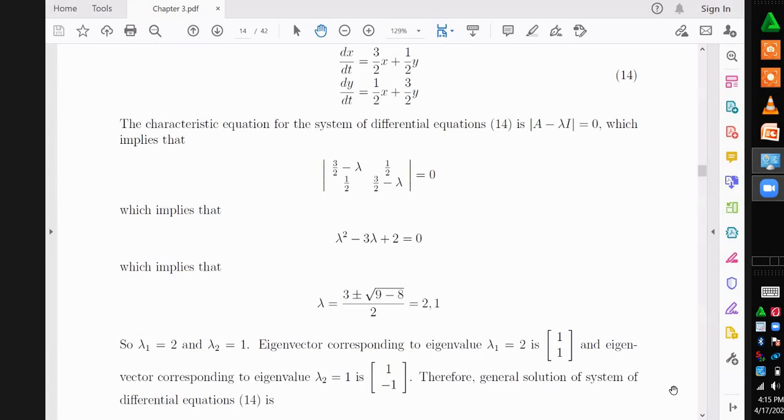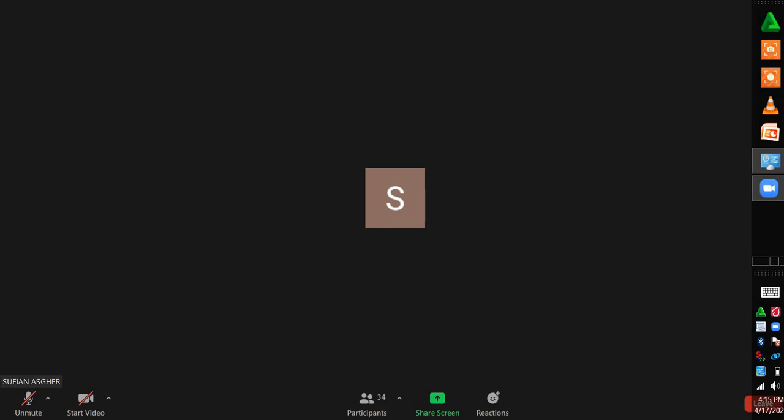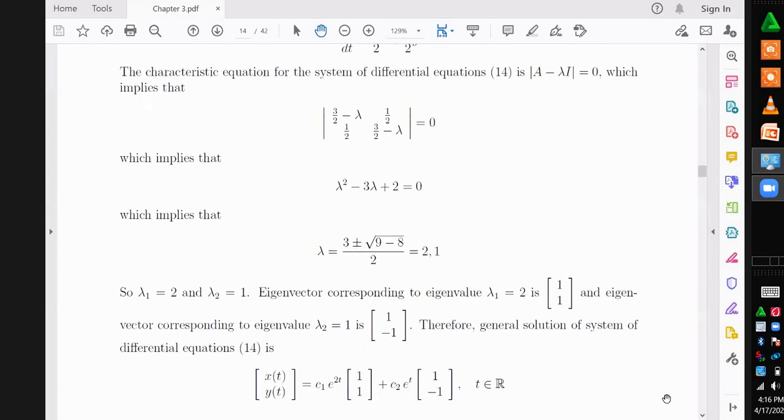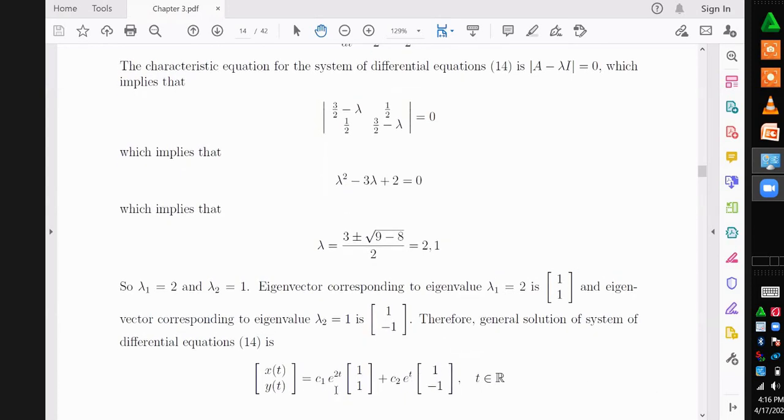So the general solution of a system of linear differential equations is (x, y) is c1 exponential of 2t (1, 1) plus c2 exponential of t (1, minus 1), where t belongs to R. This is the domain of this solution. This is the general solution.